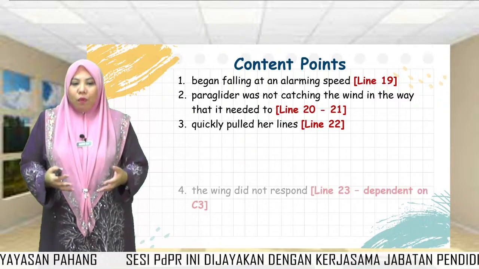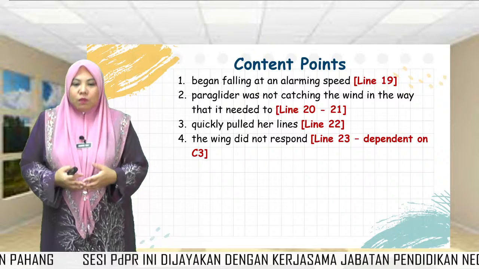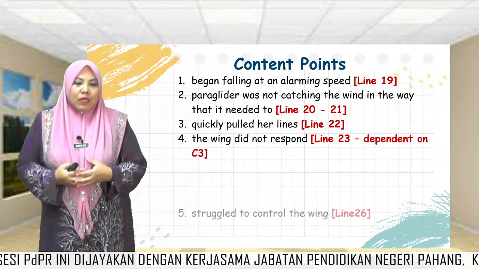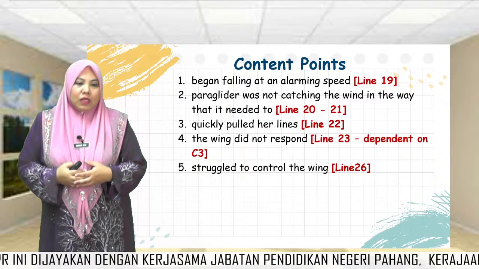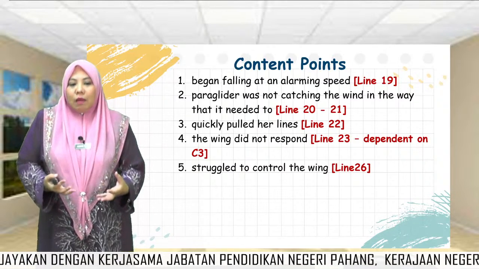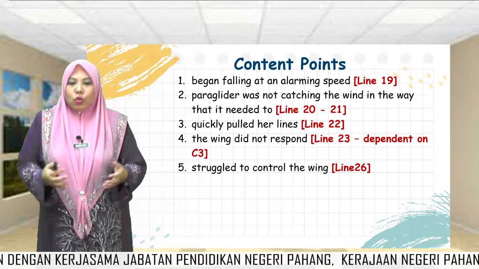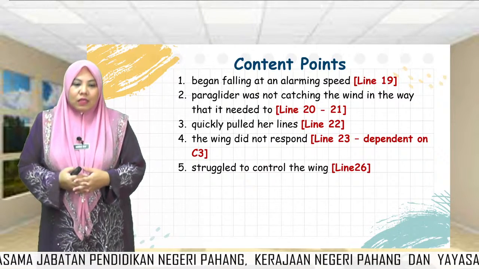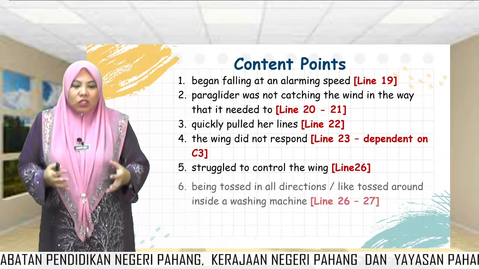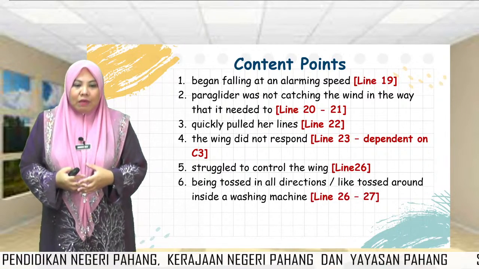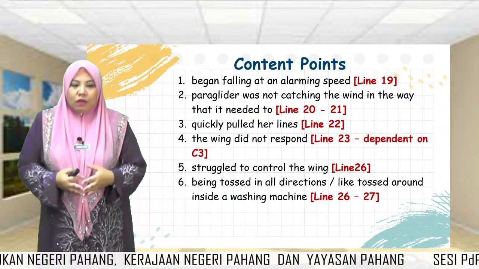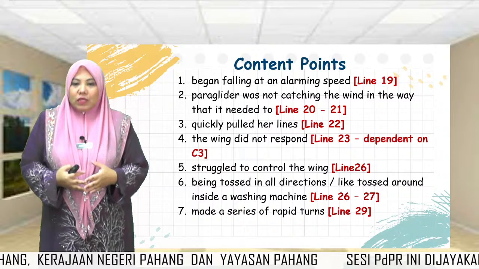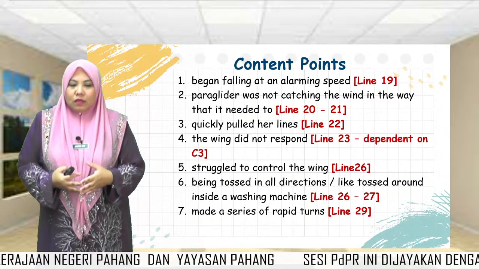The next content point, the wing did not respond, which is in line 23. Content number 4 would be dependent on content number 3. Number 5 is struggled to control the wing, which is in line 26. The next content point, being tossed around in all directions, like tossed around inside a washing machine, in lines 26 and 27.